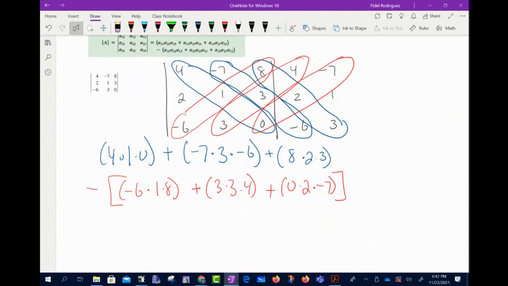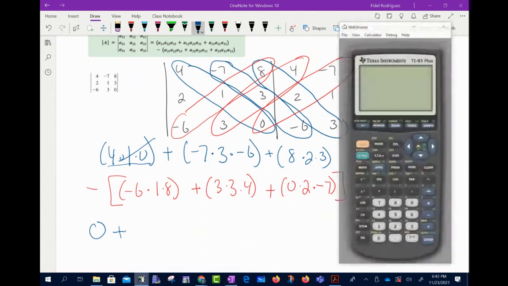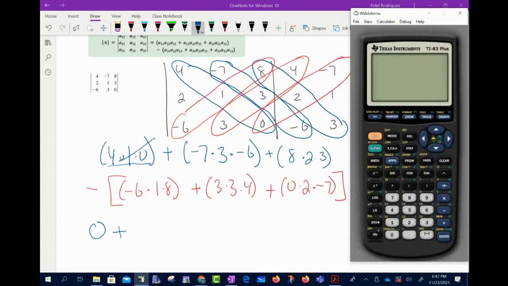All right. So now let me go ahead and keep going. First part right here, remember I'm multiplying. 4 times 1 times 0, that's just 0. Plus negative 7 times 3 times negative 6. I'm going to grab my calculator so I can figure that out. Negative 7 times 3 times negative 6 is 126.